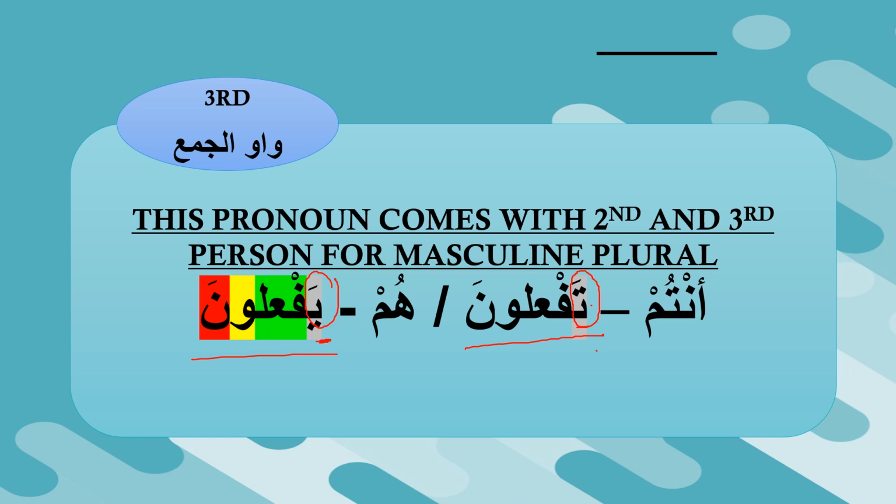First of all, as you can see, the ta is representing the second group. Then you have your verb and then the waw al jama, the pronoun, and we don't need to take into consideration the noon after. So the waw al jama tells you the number of people and the ta tells you two things, the gender and the group.